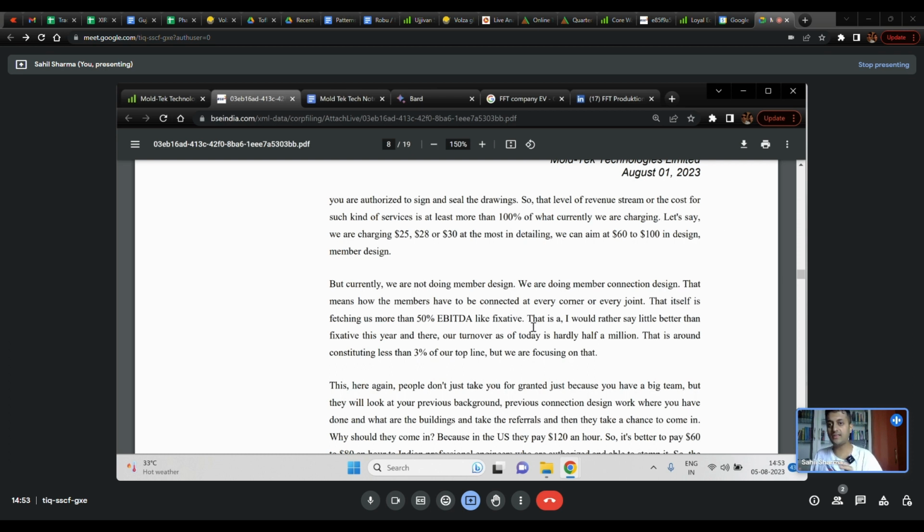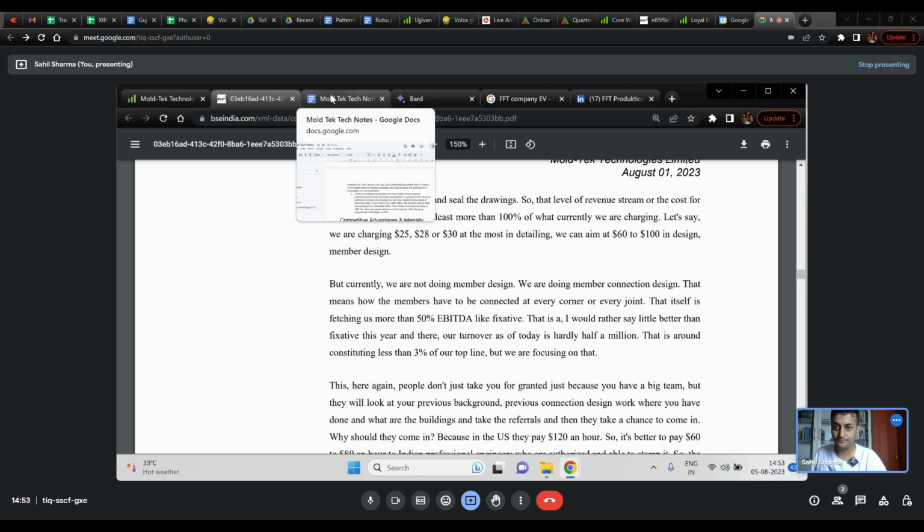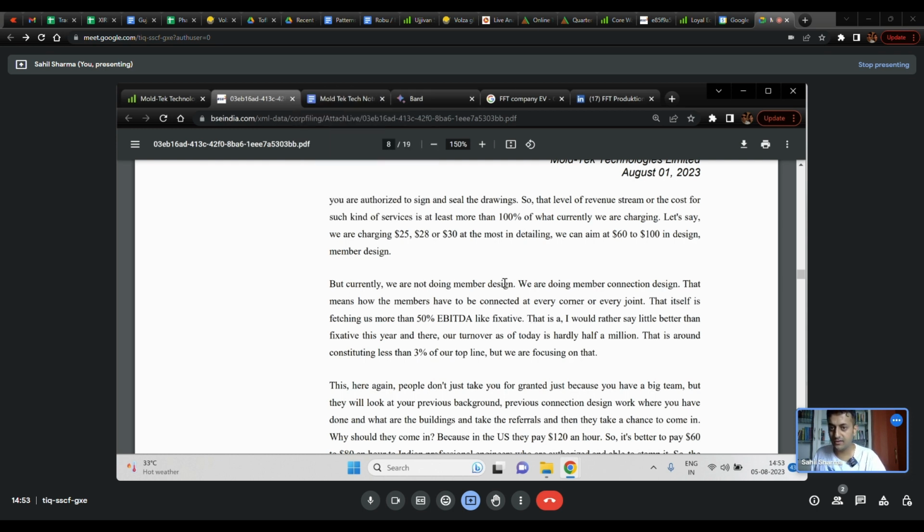So connection design, steel detailing is X, then member design is like 2X, right? Currently we are not doing member design, we are doing member connection design. That itself is fetching them 50% EBITDA, right?